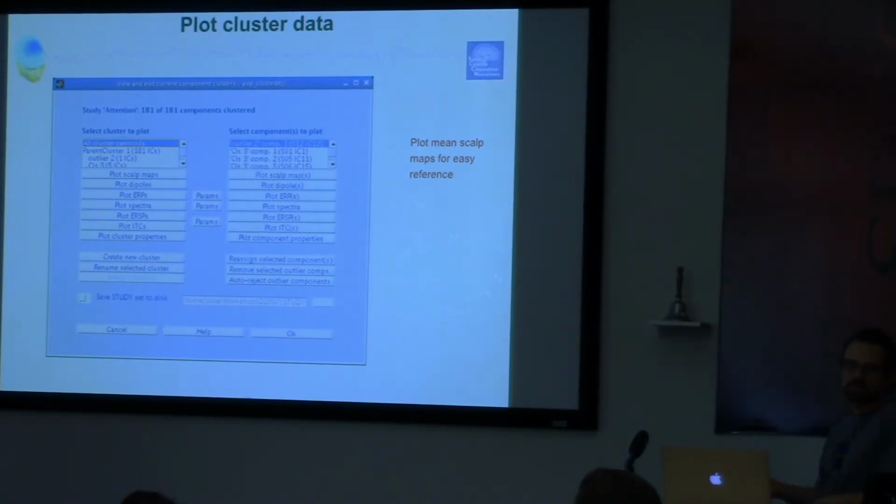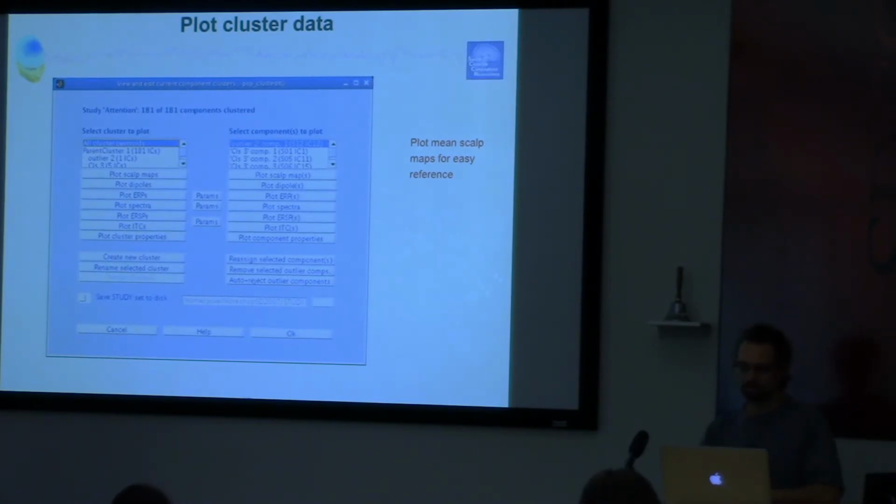So when we were dealing with channels, we had the grand average on the left and the single subjects on the right, so it's exactly the same for components. If you want to plot groups of components, it's the left, and individual components on the right. We have plot ERP, spectra, ERSP, ITC. We can plot the scalp topography of components, dipoles. So we're going to look into that tomorrow.